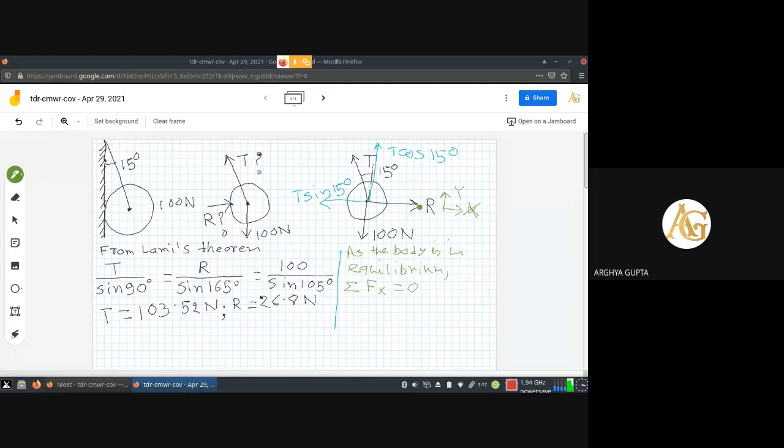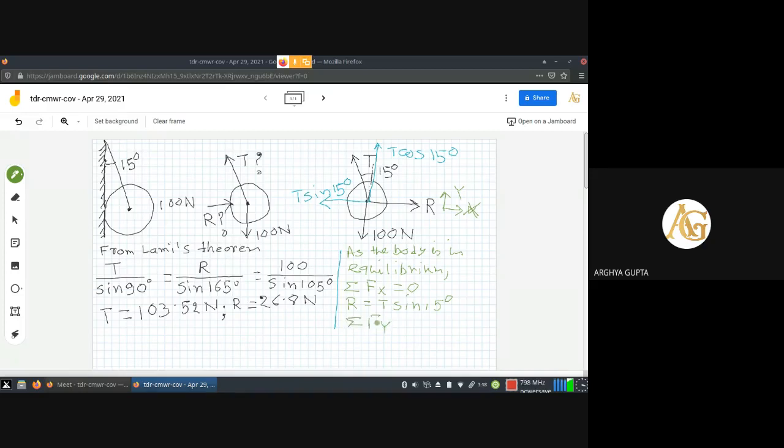That means the x forces are R is equal to T sine 15 degree. Is there any horizontal force? No. So two horizontal forces are here only.